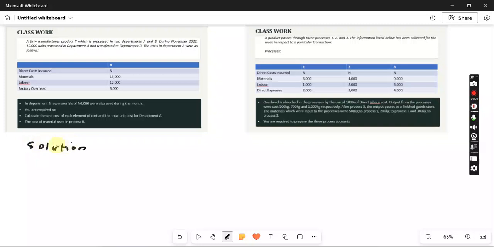Solution. So we have department A. Let's say this is the total cost.